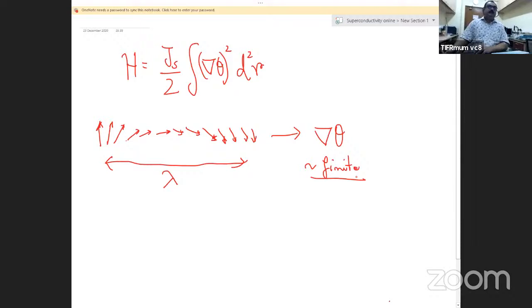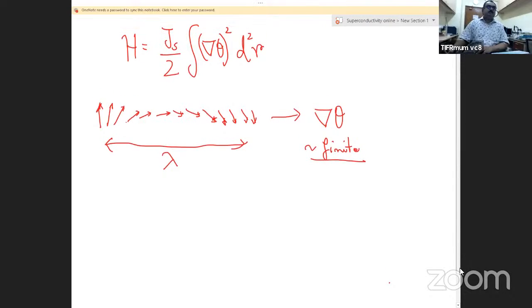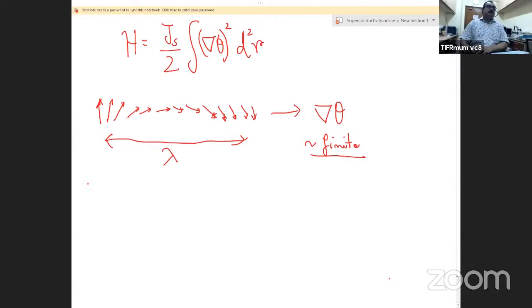But then you could also have something else, which are called vortices. We'll see what is the connection between these vortices in the XY model and in a superconductor in a minute. Maybe you can already see through it, but right now these are the vortices in an XY model.